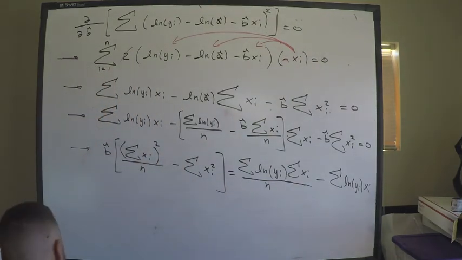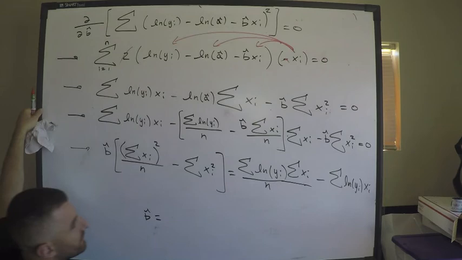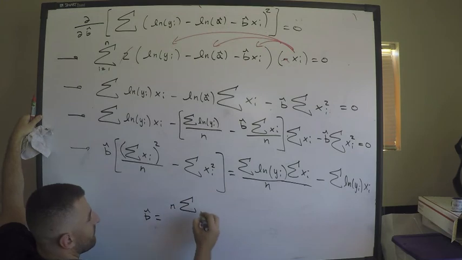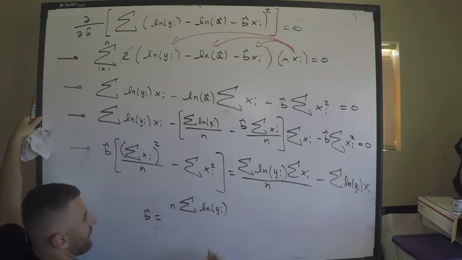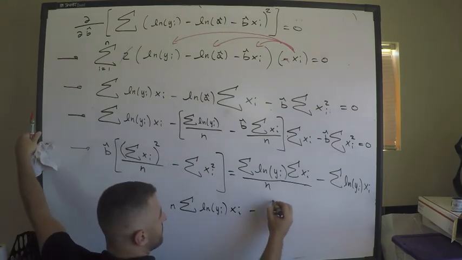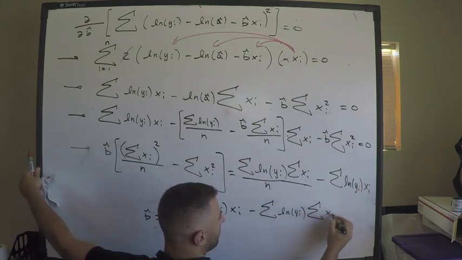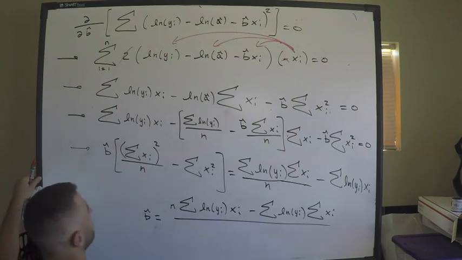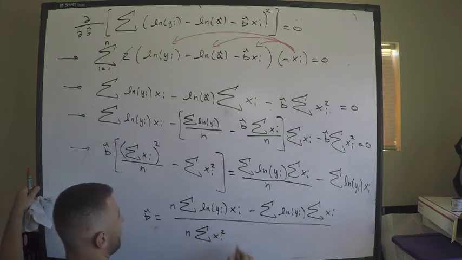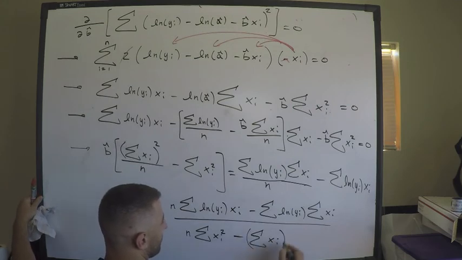So what we should get when I do that is that b hat is equal to n times the sum of ln yi xi minus the sum of ln yi times the sum of xi, divided by n times the sum of xi squared minus the sum of xi, quantity squared.